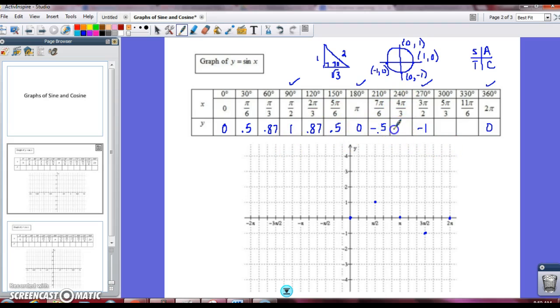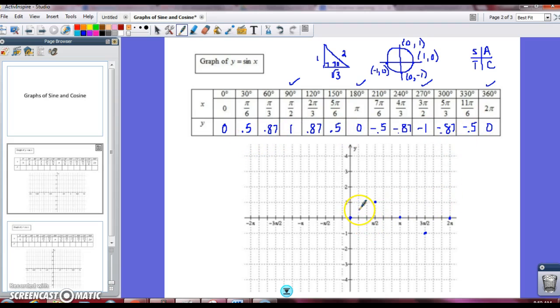At 240, I'd be at negative 0.87 because my reference angle would be 60. Then when I get down to 300 degrees, I'm in the fourth quadrant. Sine is negative in the fourth quadrant. My reference angle here is 60 degrees, and then my reference angle here is 30 degrees. That's what my chart looks like filled out.